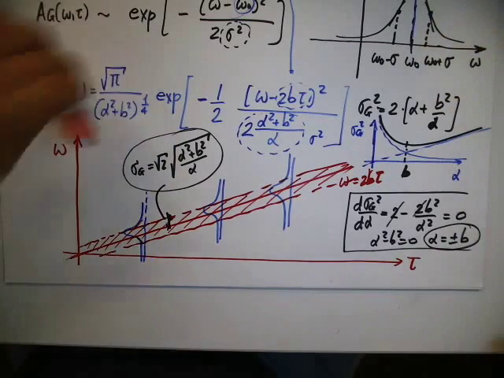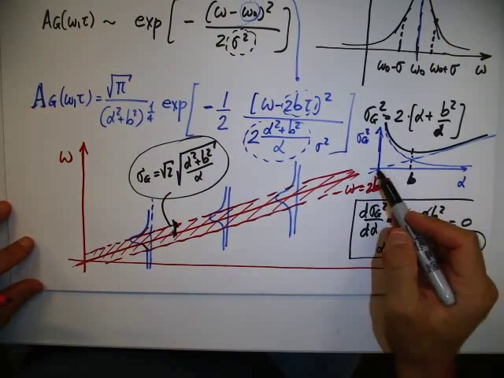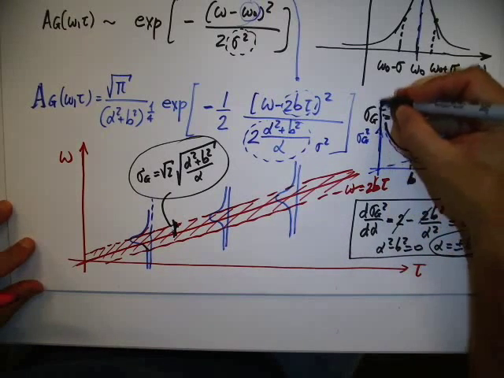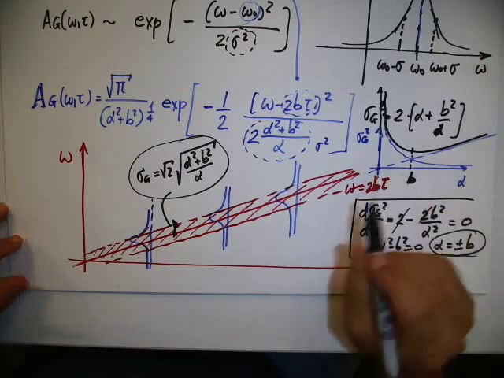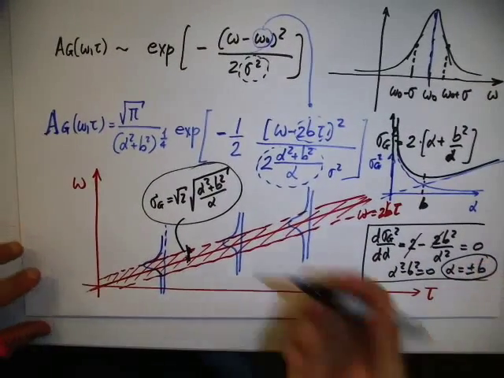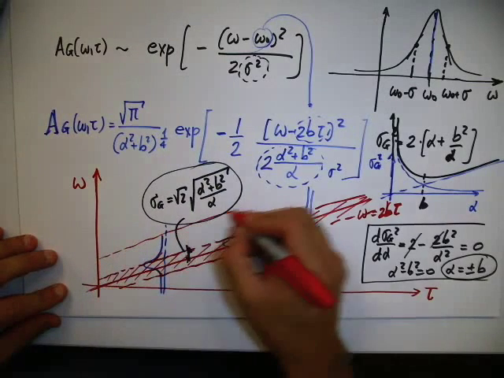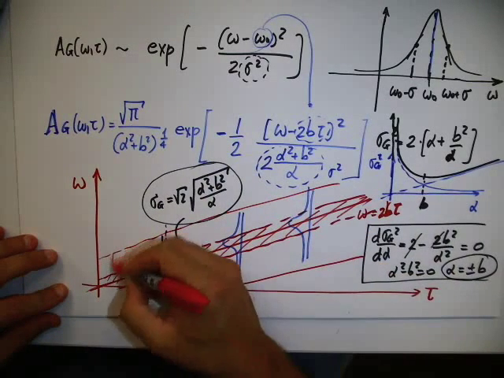Now, you see that when alpha is very small, the spread is very, very large, and it will tend to infinity when alpha tends to 0. What does that mean? It means that the bandwidth becomes larger and larger.